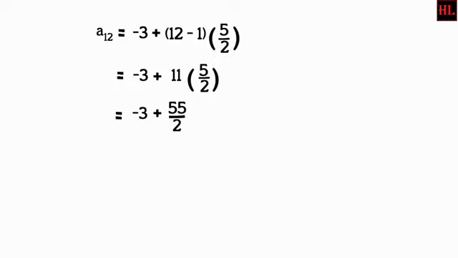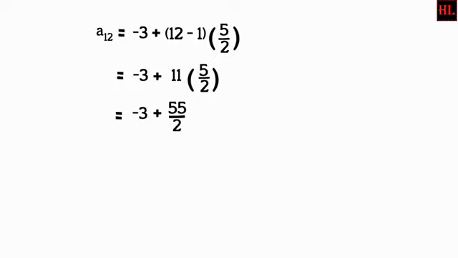And after subtracting we'll get 49 divided by 2, and it can be represented as 24 1/2 as a mixed fraction. Therefore the 12th term of the given AP is 24 1/2.